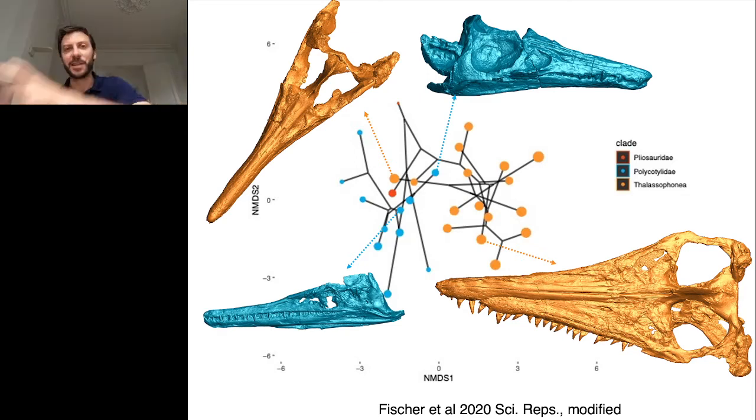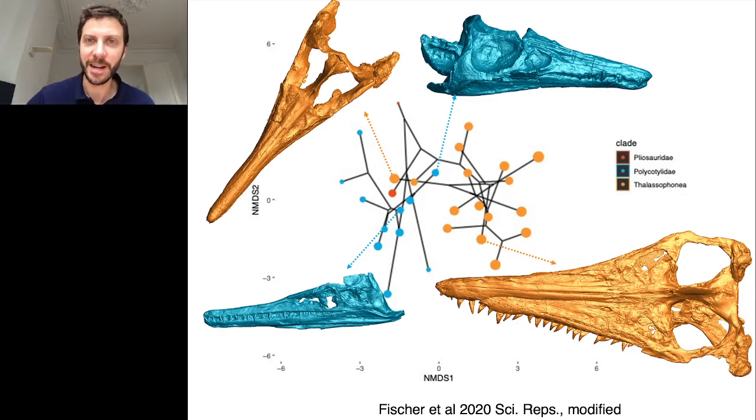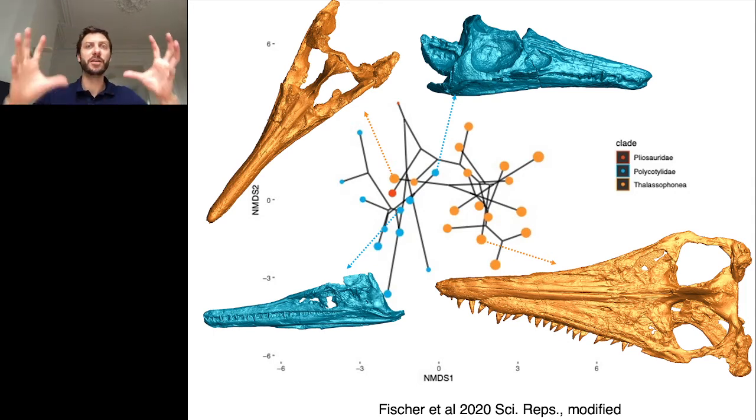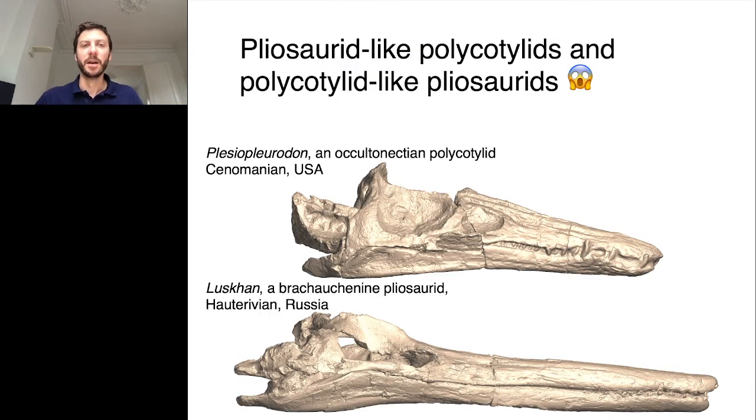And somehow, in the same way, we have this polycotylid, called Plesiosaurian, which is found very close to or within the space usually defined by the other pliosaurids. So with this data and with the analysis we have done on these forms, we can now have polycotylids which look like pliosaurids and pliosaurids which look like polycotylids.